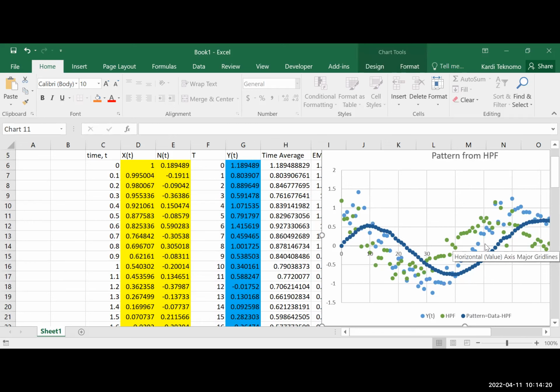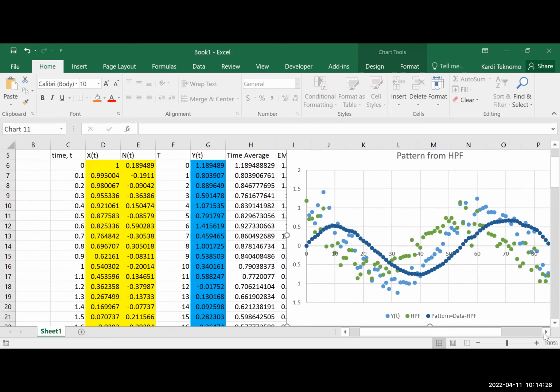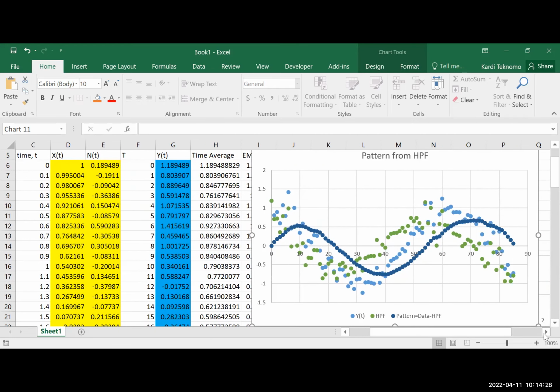There. Okay. Now, can you see the pattern from the noise? The green one is the noise. And the blue one here, maybe I should change this to a different color.